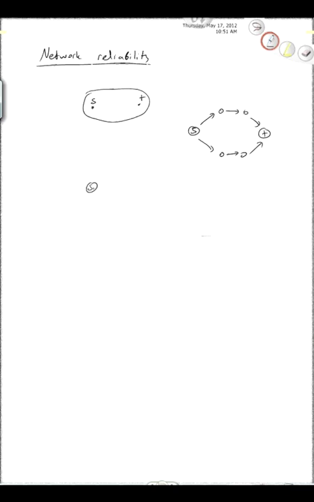On the other hand, if we look at a graph like this, here there is a single relay that can fail to disconnect S and T, but there is not a single edge that can fail to disconnect S and T. So regardless of which edge I take out, there's always going to be a path from S to T that allows S to T to communicate.